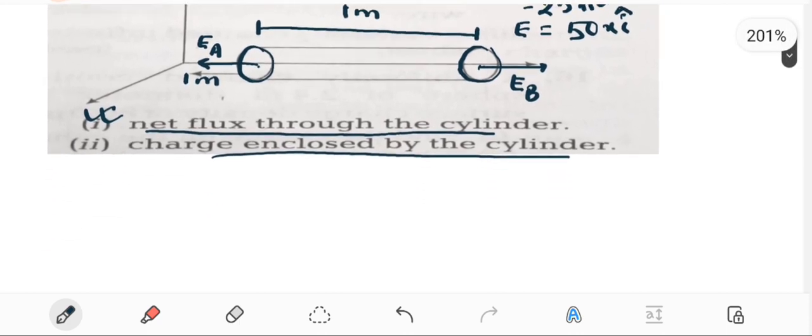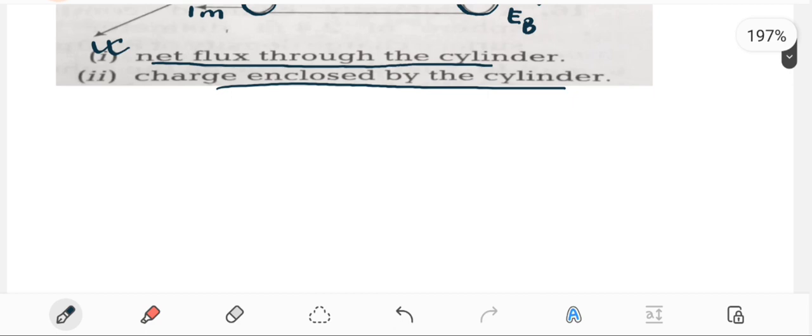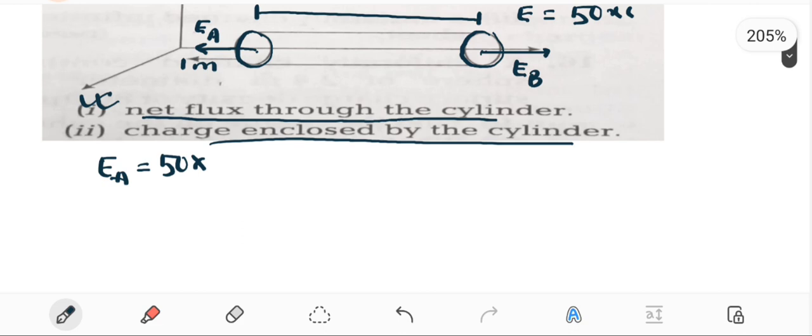So when we move on to solving it, we know that EA will be equal to 50 multiplied by the distance. This is on the left side, EA is along the left side, and it is from the origin at a distance of 1 meter only, so it will be equal to 1 Newton per Coulomb. So finally we can write it as 50 Newton per Coulomb.